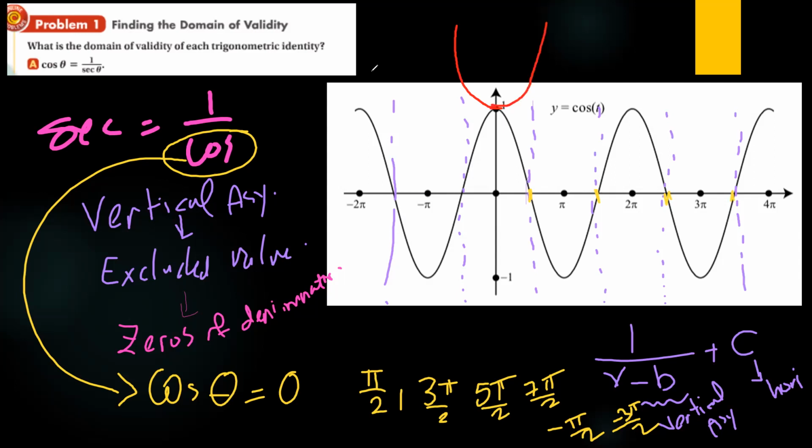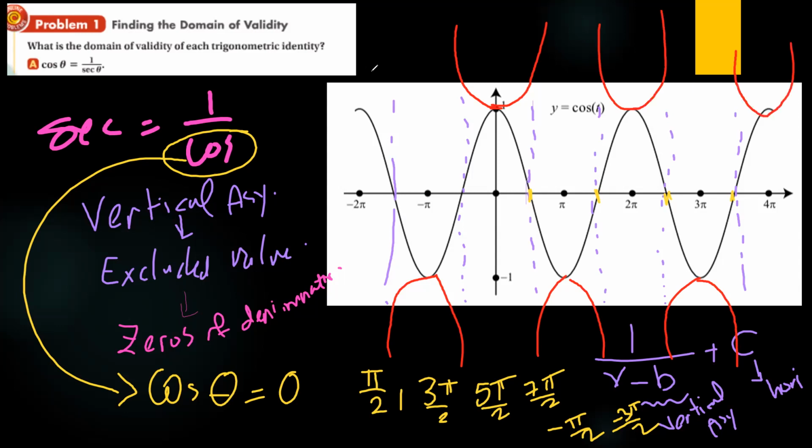So let's come like this, and so on. This is now the graph, the red one, for the secant.